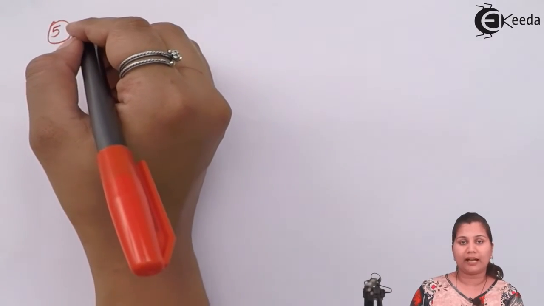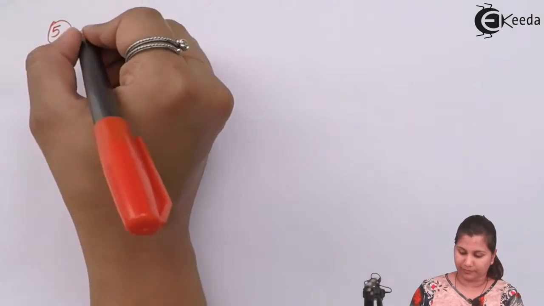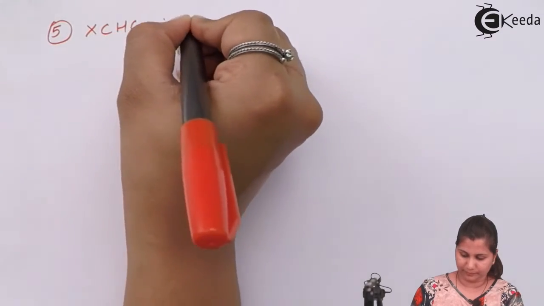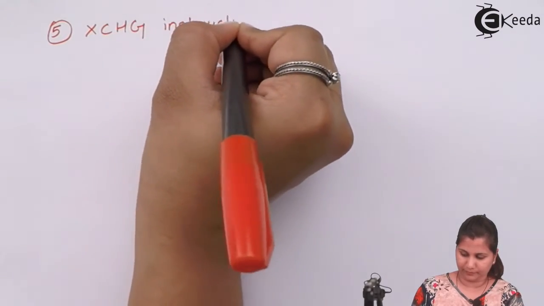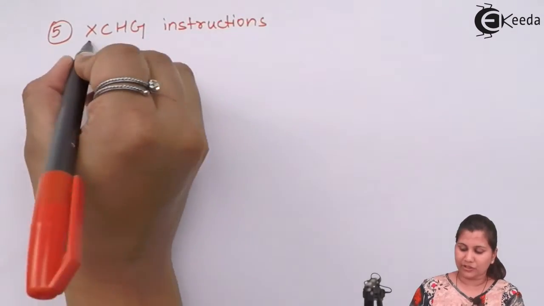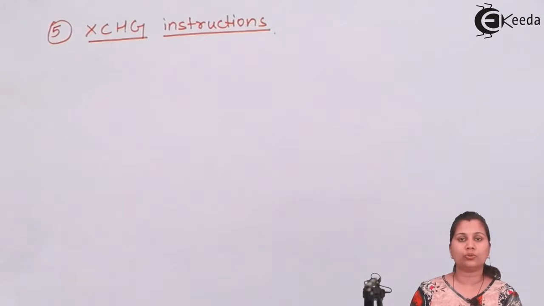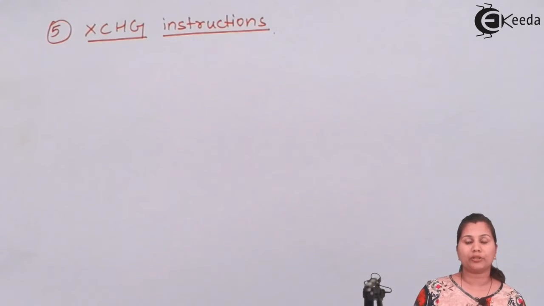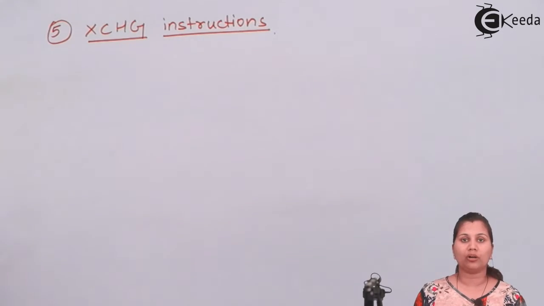Next instruction we have is the exchange instruction. The exchange instruction is used to exchange the contents of two locations, like between register to register, and from register to memory location also it can exchange the contents.